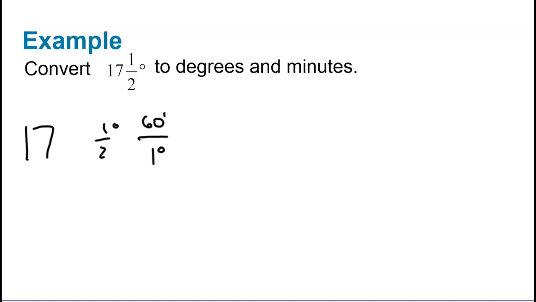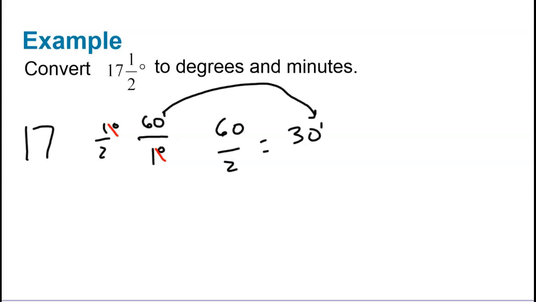And so by placing the degree down here, we're able to cancel that unit out, and then we just multiply straight across. We end up with 1 times 60 is 60, and 2 times 1 is 2. Simplified, that is going to be 30, and we bring our unit over here that's remaining, and that's minutes.